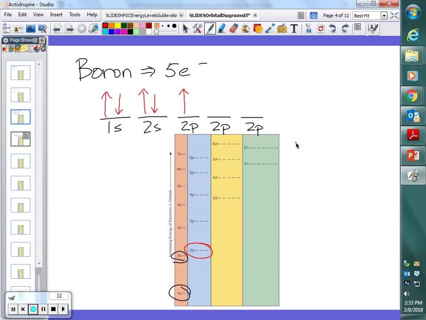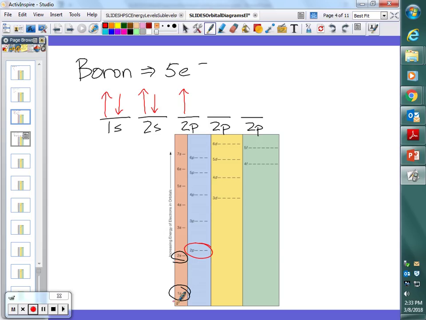All right. So the next orbital diagram that we drew at the end of class on Tuesday was the orbital diagram for boron. Going through the procedure, first we identify that boron has 5 electrons. Lowest energy orbitals are always filled first, the Aufbau principle.